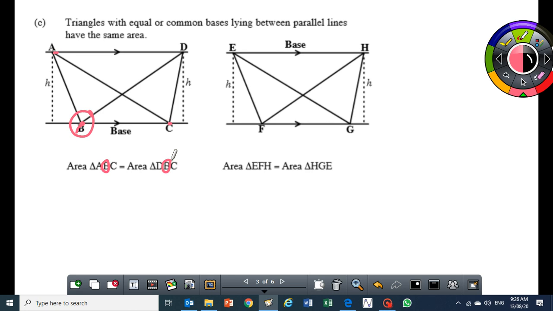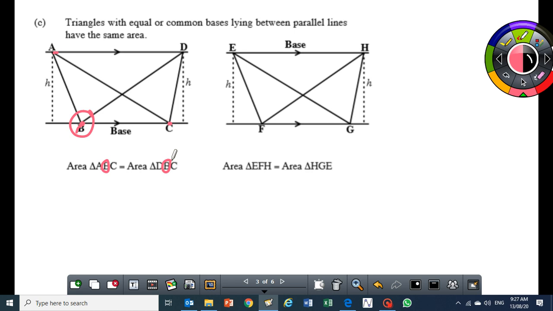But if the two triangles are drawn between two parallel lines and share a common base, and we know their height is the same, their areas will be equal. So triangles ABC and DBC have the same height and the same base, therefore their areas are equal. Therefore, the ratio of their areas will be equal to 1.